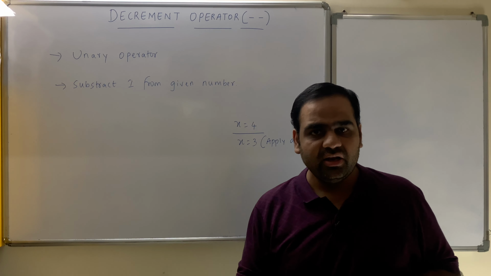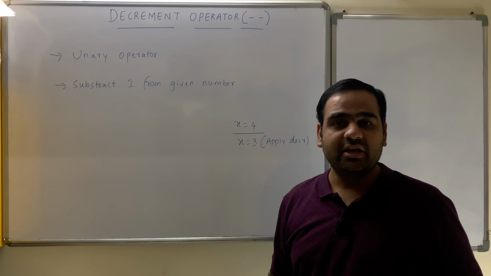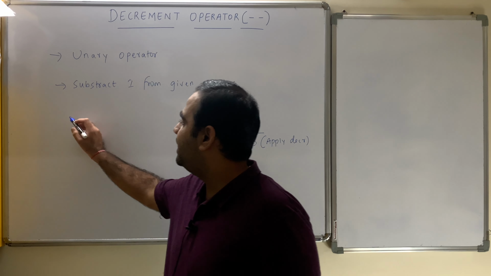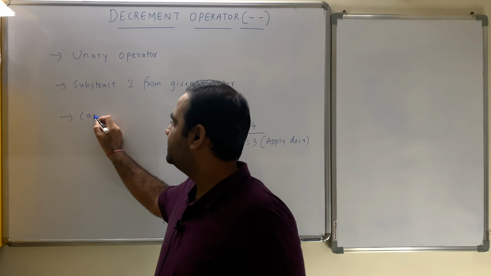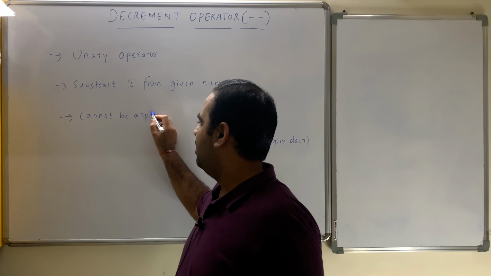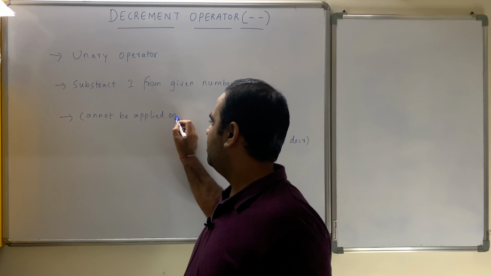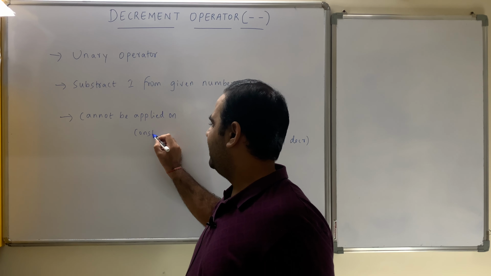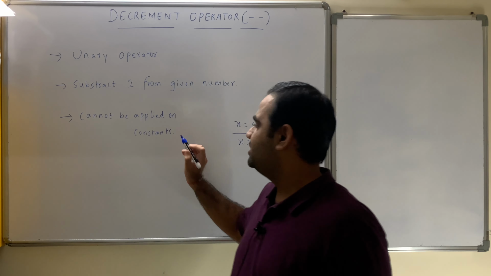Now same as the increment operators, these decrement operators cannot be applied on constants. Why?